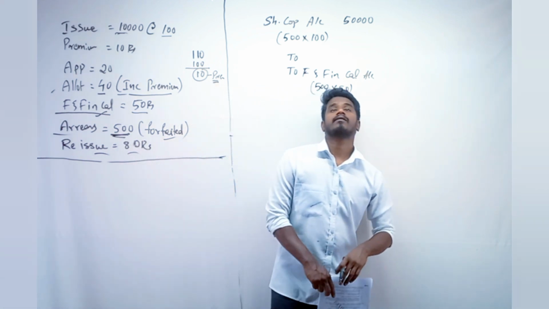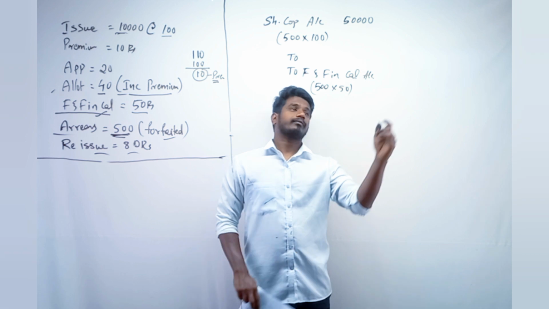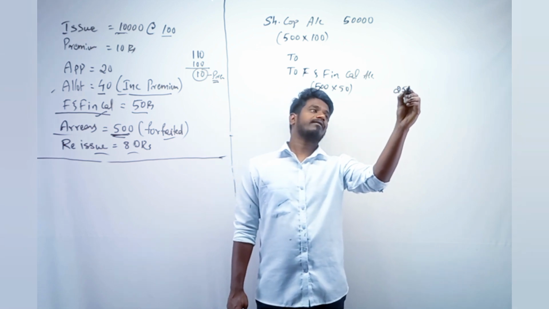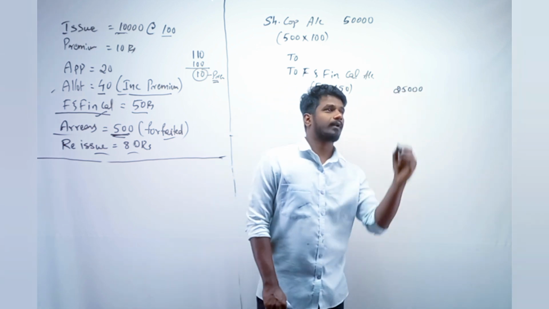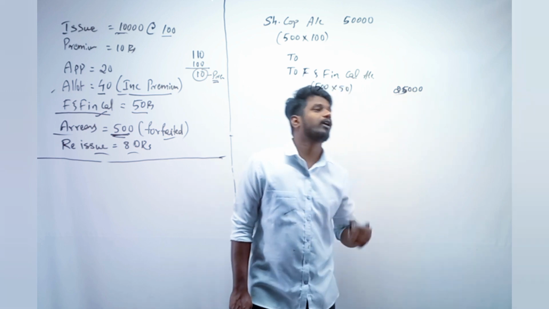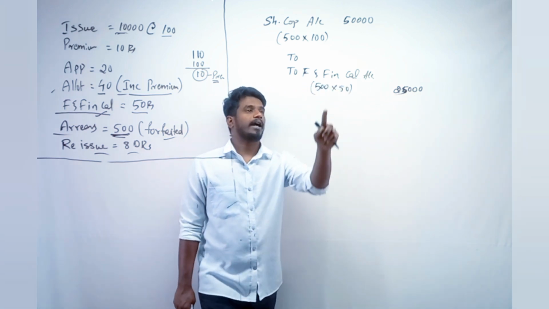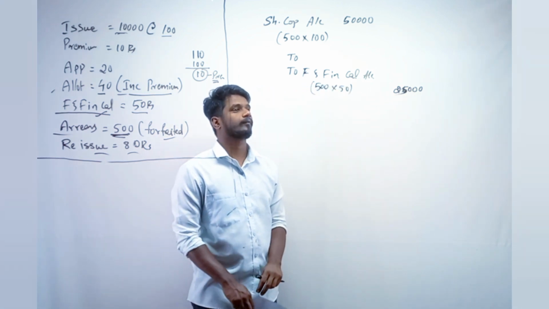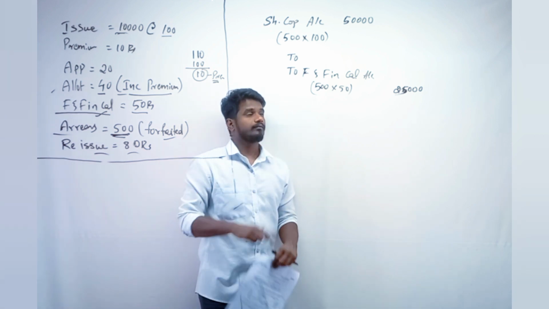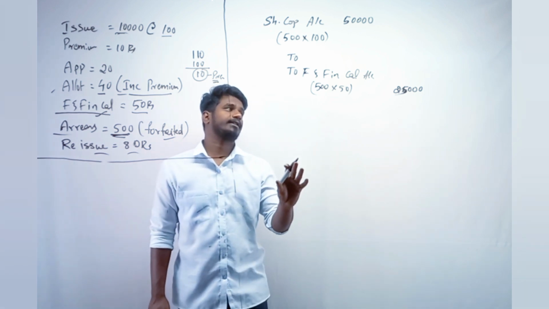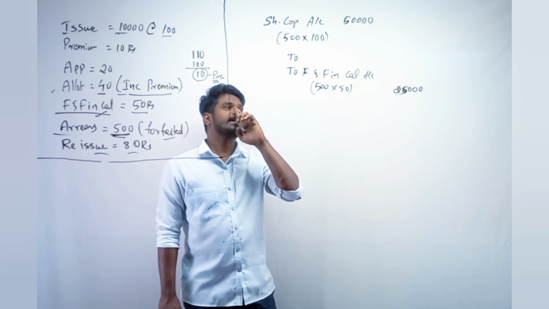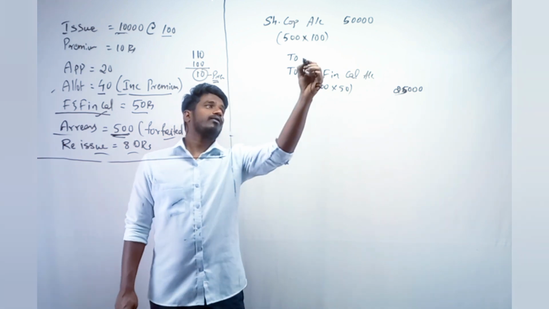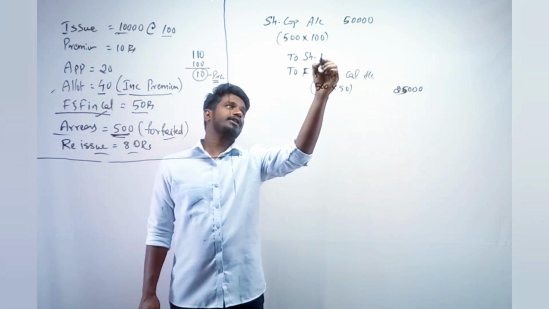How much is it? 500 into 50. It will be 25,000. Correct me if I am wrong. So 500 into 50. Is that right? Next, we will write share forfeiture account.